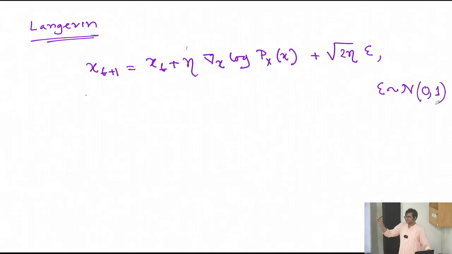This is the Langevin, right? What is the second term? Grad of x of log p, what is that? That is the score. If I know the score, I know how to sample from it. For sampling, I do not need the distribution. I need the score only.